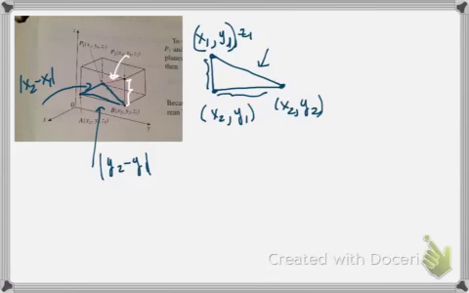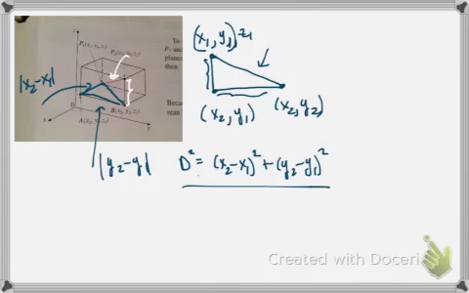Alright, and so the hypotenuse of this triangle is just the Pythagorean theorem, and we'll call that d. So d squared equals (x2 minus x1) squared plus (y2 minus y1) squared. Alright? So let's save that piece of information.